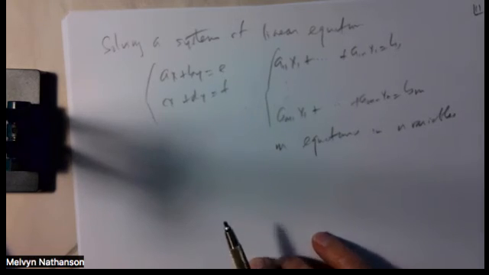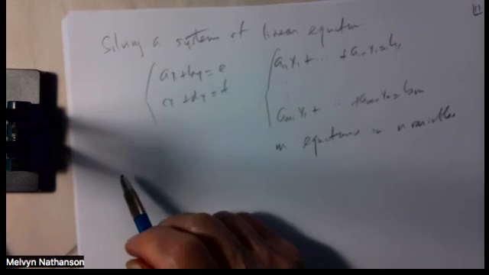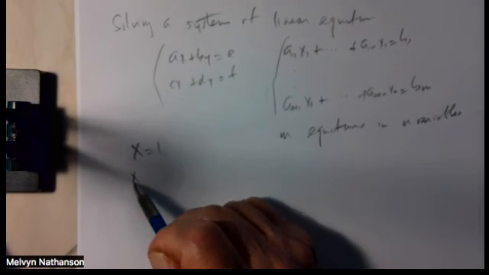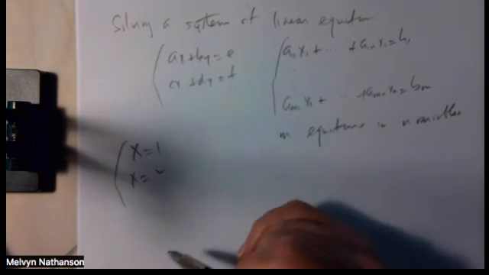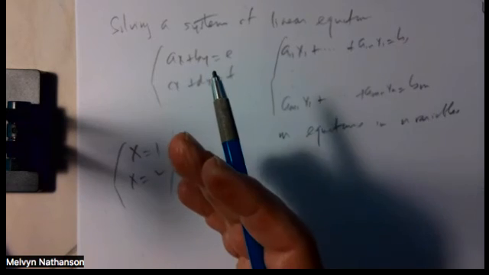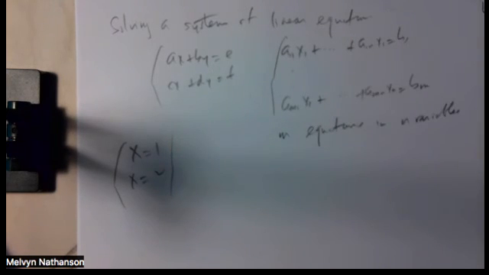But sometimes you have equations that have no solutions. Suppose here you have two equations in one variable, x equals 1, x equals 2. There's no solution to this system of equations, because x can't be equal to 1 and 2 simultaneously.